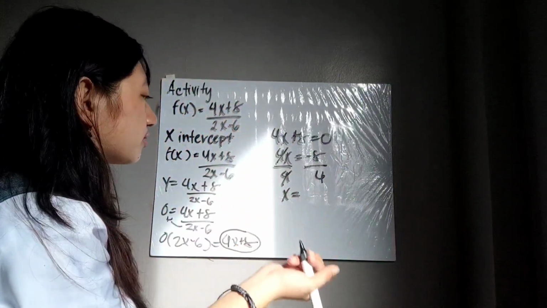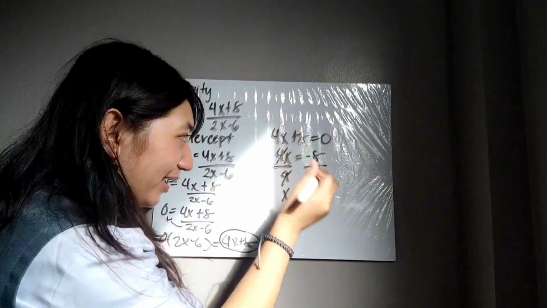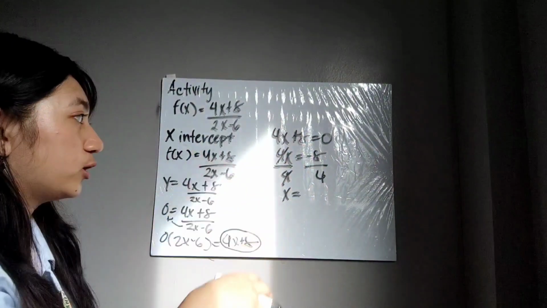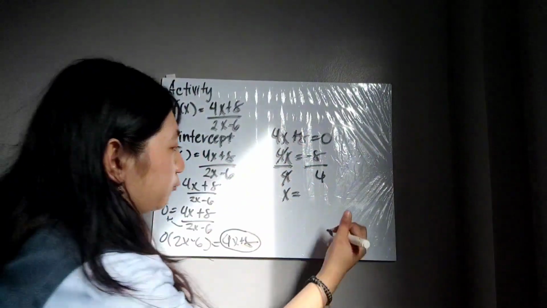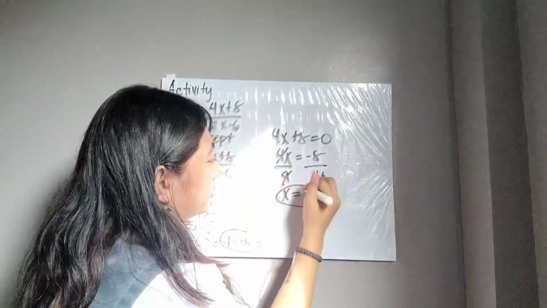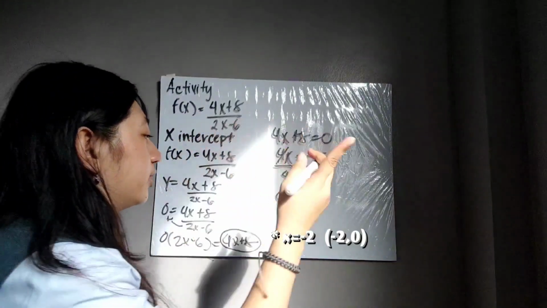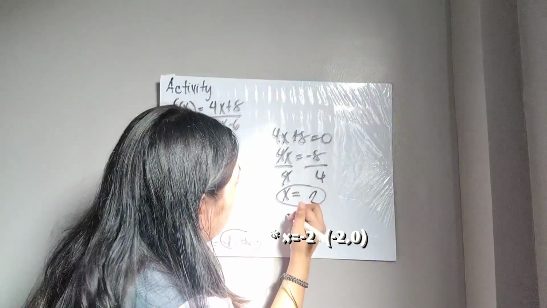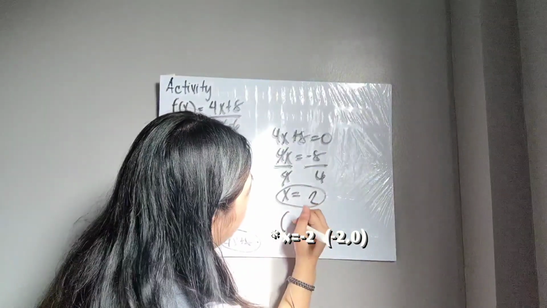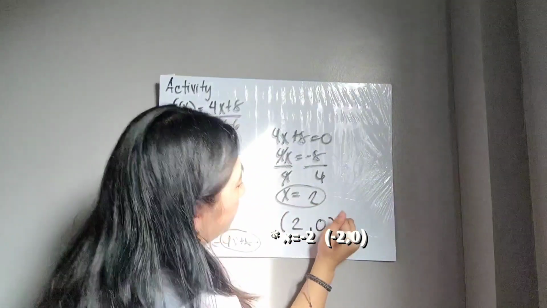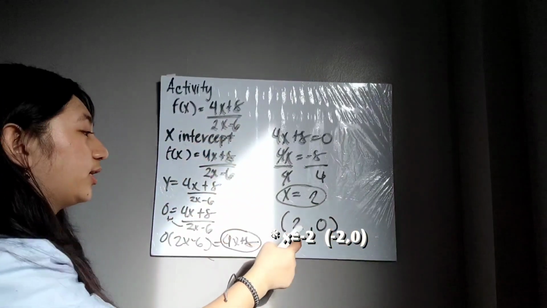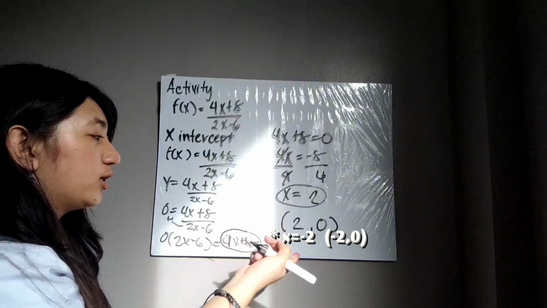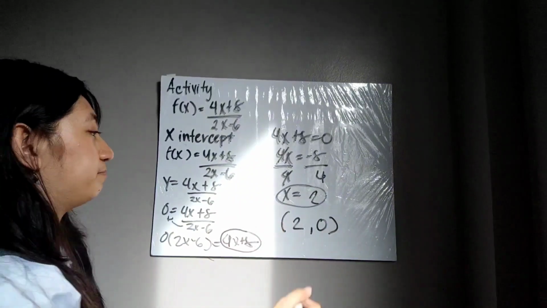And negative 8 divided by 4 is 2. Yan ang sagot. X is equal to 2. But we need to write it into other term. So, let's check this. Dahil x-axis dito ang 2 sa top and 0 which is y.